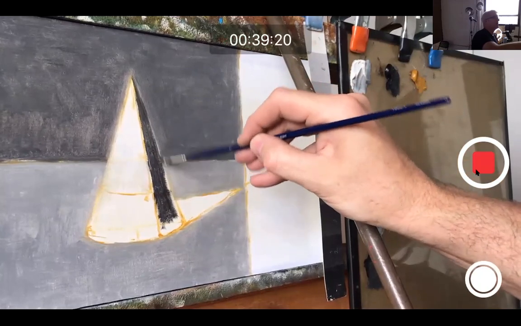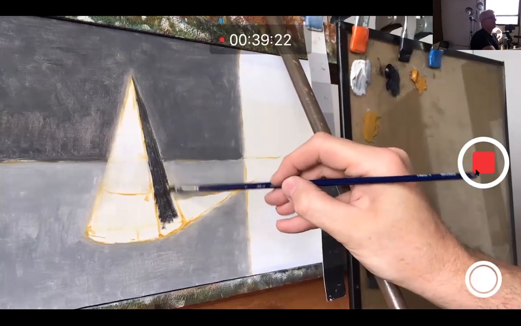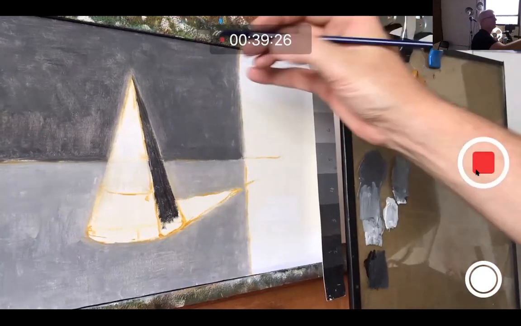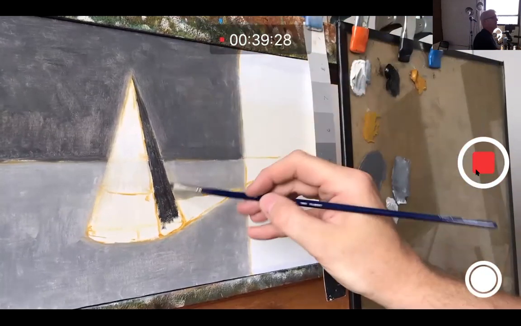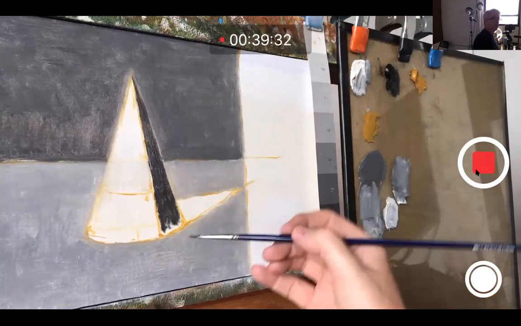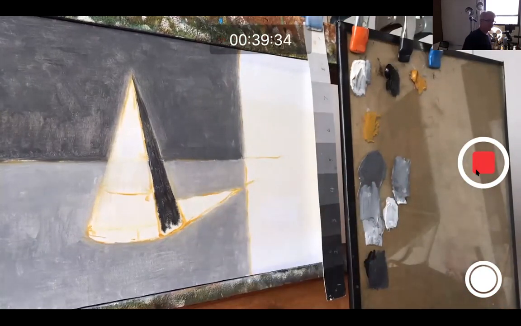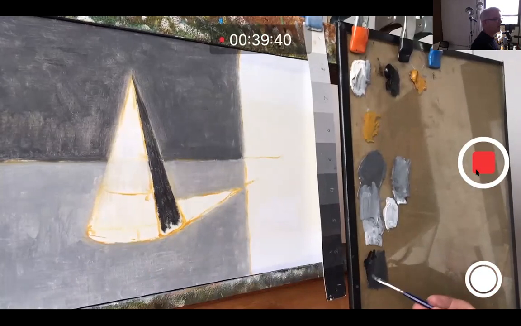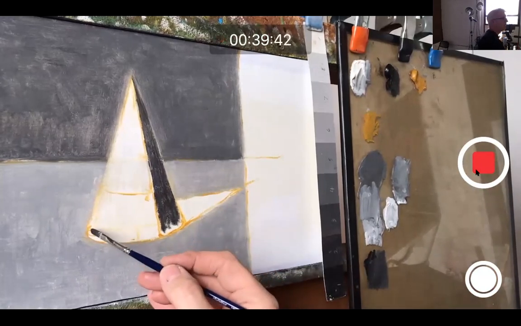Painting medium helps you do other things. Okay, but the mineral spirits we normally use to make the oil paint a little liquid. Yes. And wash our brush, right? That's right. Yep. Okay, got it.